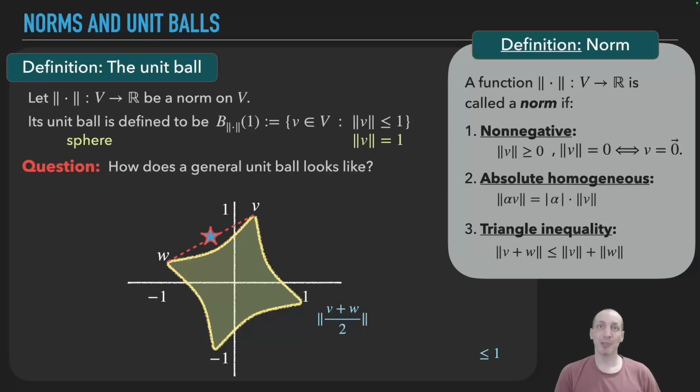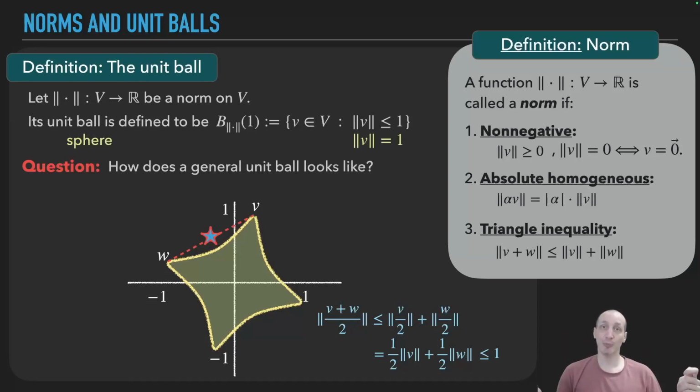The norm of (V plus W) divided by 2 using the triangle inequality is at most the norm of V divided by 2 plus the norm of W divided by 2. And now we can take the 1/2 outside of the norm to get half the norm of V plus half the norm of W. And because the norm of V and the norm of W are at most 1, then this entire summation is also at most 1.